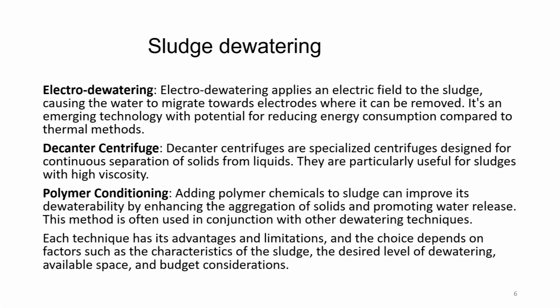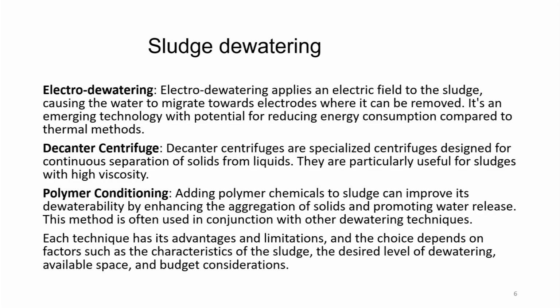Although the thermal method is very good, very effective, it is not very cost effective. Decanter centrifuge. Decanter centrifuges are specialized centrifuges designed for continuous separation of solids from liquids. They are particularly useful for sludges with high viscosity.